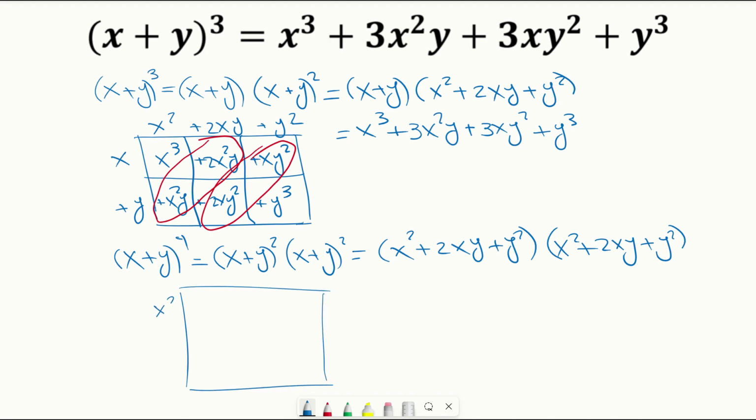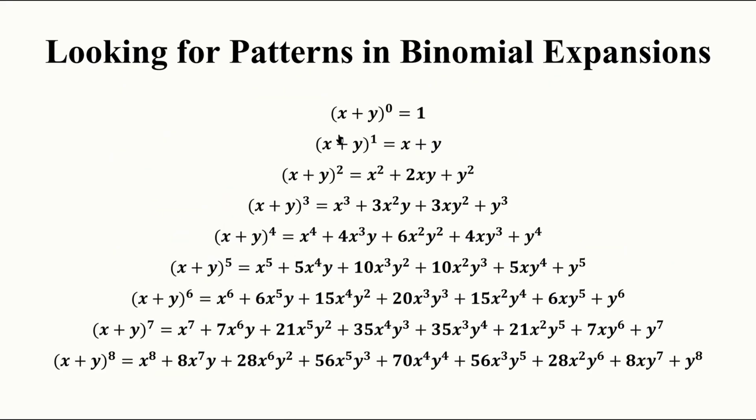So we would just have the same thing both vertically and horizontally, which would be this, right? So we repeat that here. And then again, just make a table here and multiply it out just like we did up here. All right, and then you would find the result that we saw for quantity x plus y to the fourth. Let's go back to our other screen. And if you do that successfully, of course, you'll end up with this.